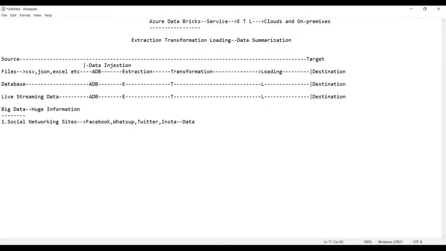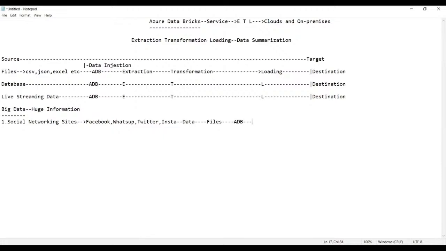Basically, this is a business, and from the business we get the data. We put the data in the form of files, or whatever type you have, and we get these files into ADB, Azure Databricks.